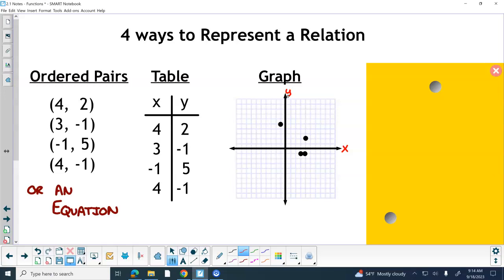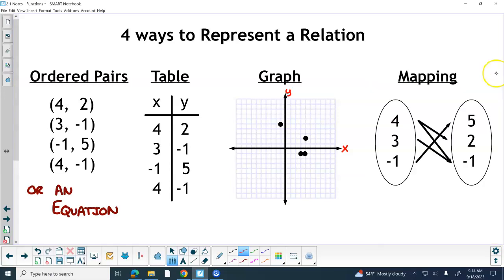And the fourth way you might not have seen. Okay. So the fourth way is called a mapping. And a mapping takes all of the elements of your domain, again, we don't repeat them, because you see there's 2 positive 4s in our domain.